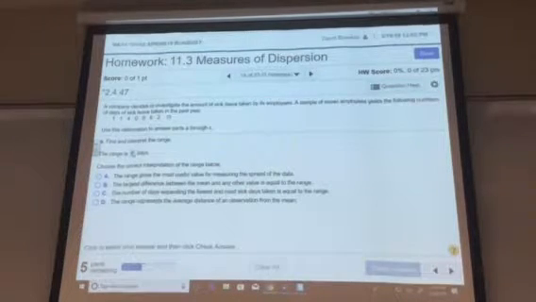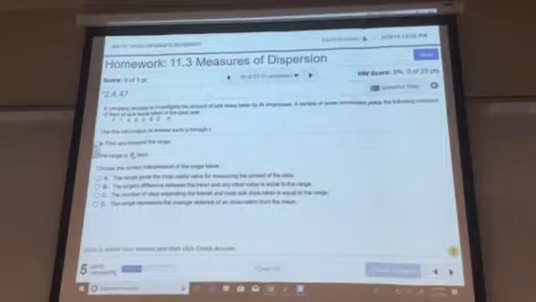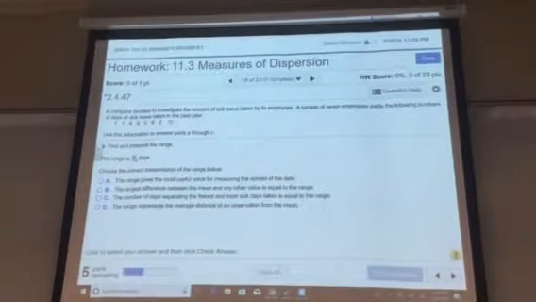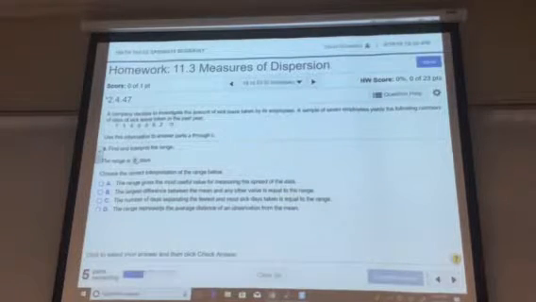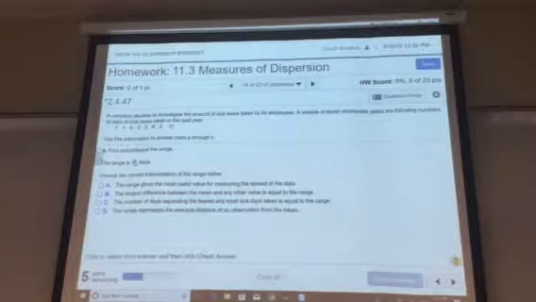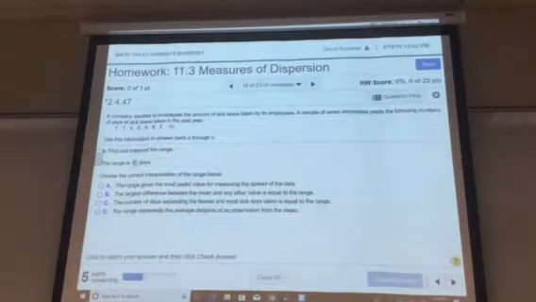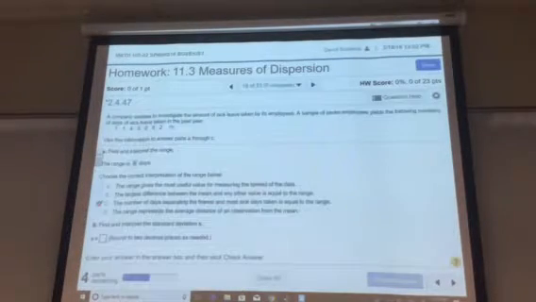No. We already decided that, right? Is the largest difference between the mean and any other value what the range is measuring? Range doesn't even involve mean, does it? Okay, so that can't be right. The number of days separating the fewest and the most sick days taken? Sounds more likable. And then we're talking about the mean of the last one again out there. So we got that value, done with that.